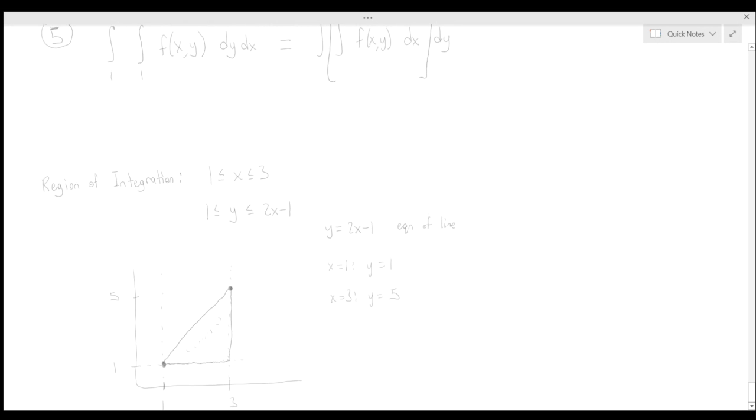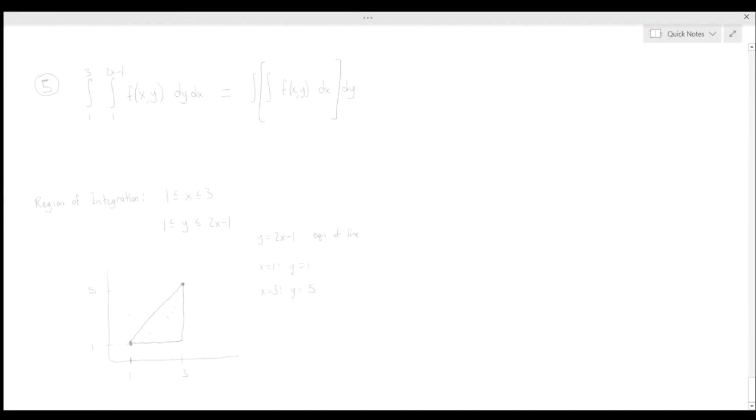All right, so now to get the bounds when I switch the order of integration, I'm going to start with the outside. For the bounds on y, y ranges from 1 to 5 altogether. Again, remember for the outside, the bounds should just be numbers.